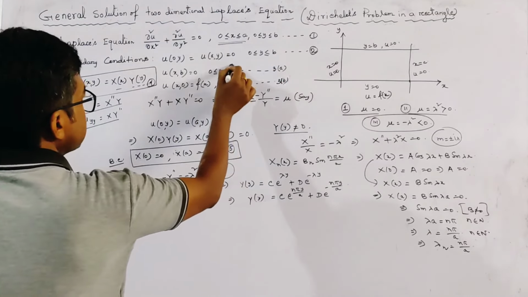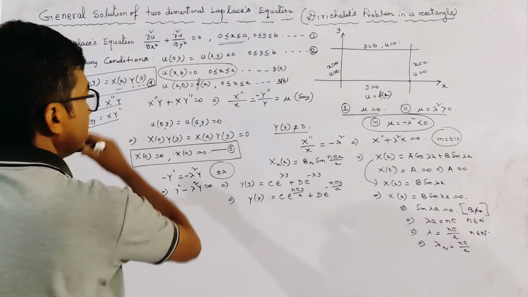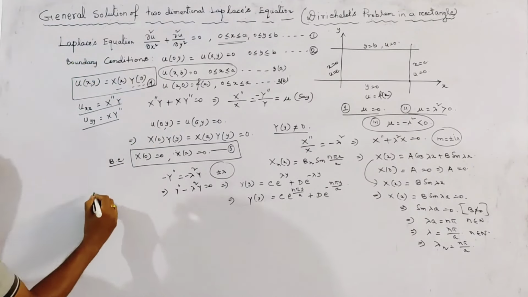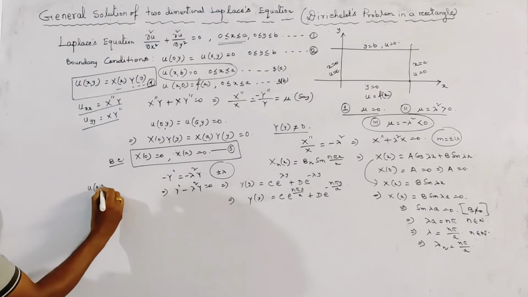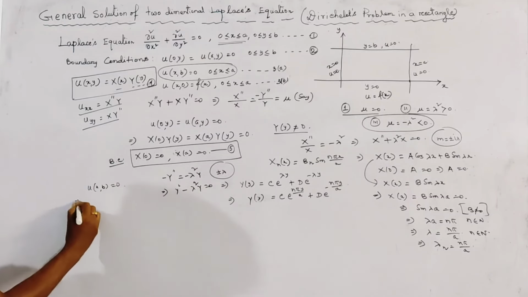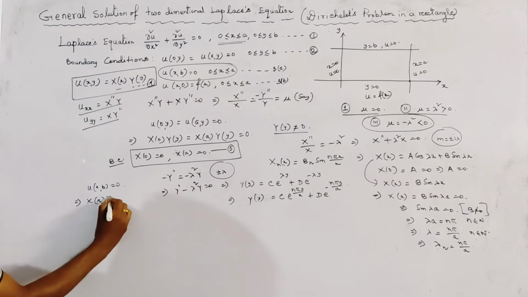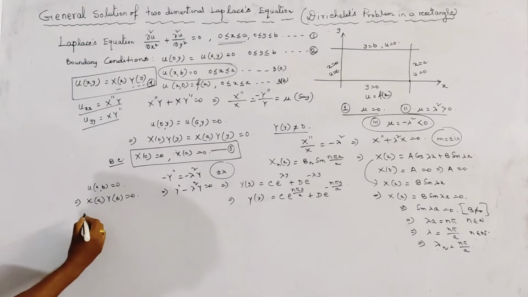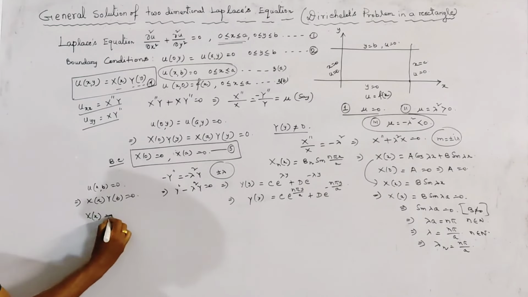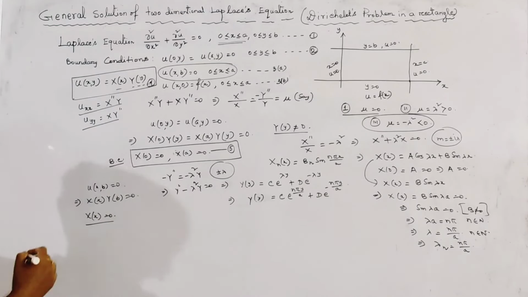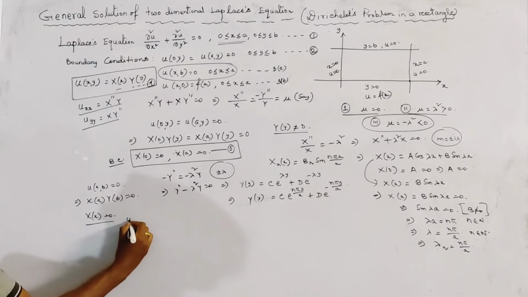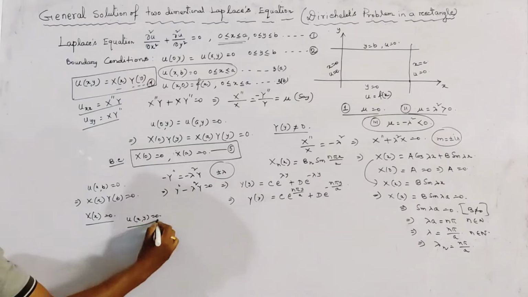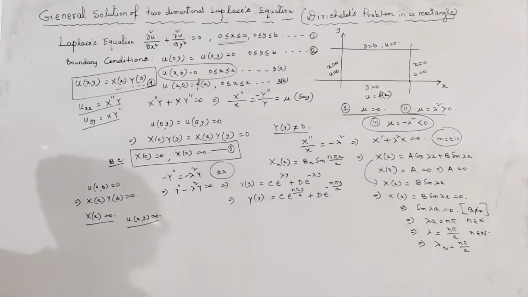This is the second boundary condition, and we get u(x, b) equal to 0. So X(x) into Y(b) equals 0. Now if we take X(x) equal to 0, then clearly u(x, y) equals 0, and we get the trivial solution.